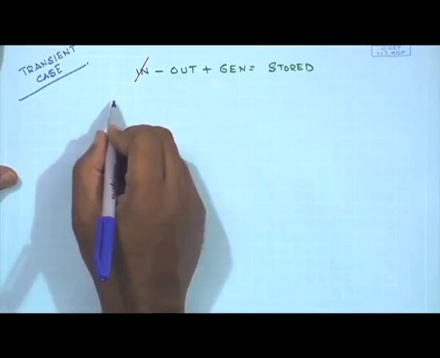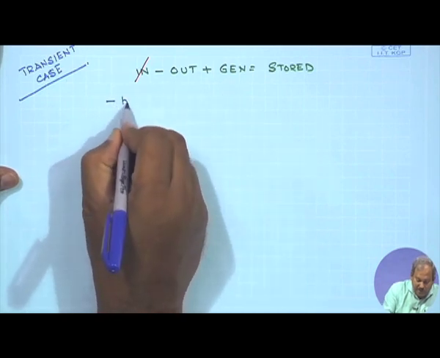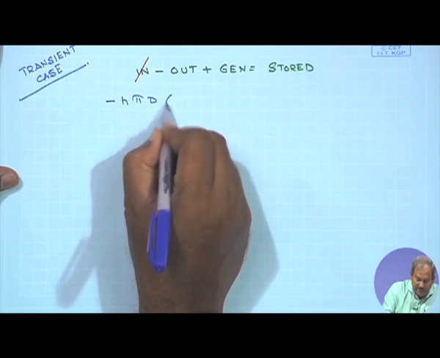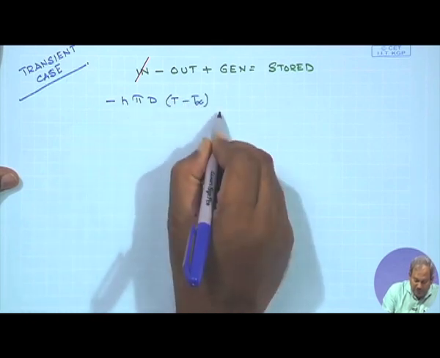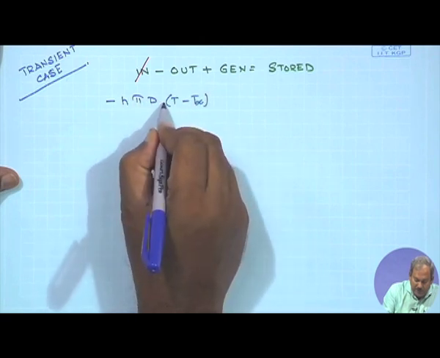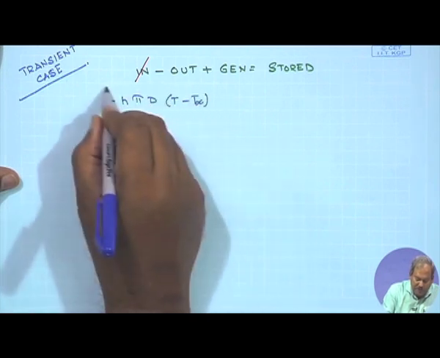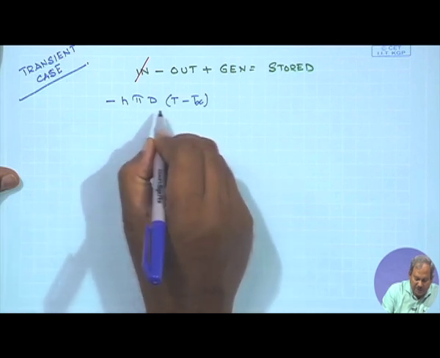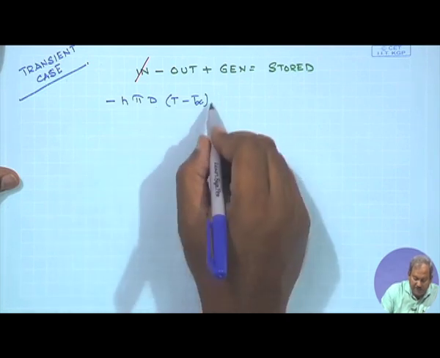So, we start with this equation. The heat that goes out would be h times pi d times (temperature, which is a function of time, minus T infinity). Look here that I did not include an L term, the characteristic length. So the heat out is on a per unit length basis.